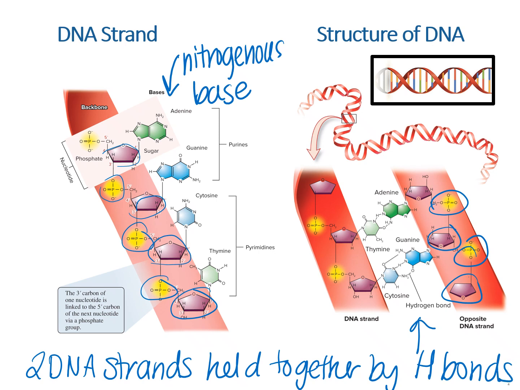Now this is important later when we get to the function of DNA, for DNA replication and for gene expression, because we can pull these hydrogen bonds apart and actually separate our DNA strands, and that's going to be important later when we need to access that information for replication or gene expression. So our 2 strands come together and form this helical structure.